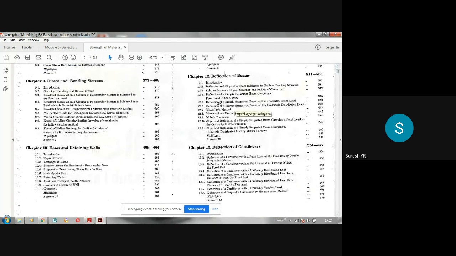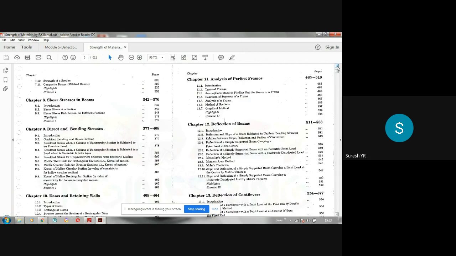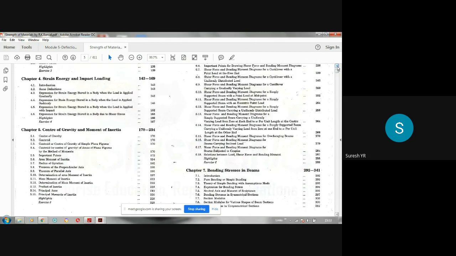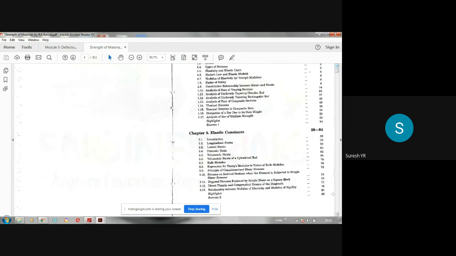Deflection of beams. Here, subject to uniform bending moment, deflection, area. This is by the moment area method. Second, this is a very good book.